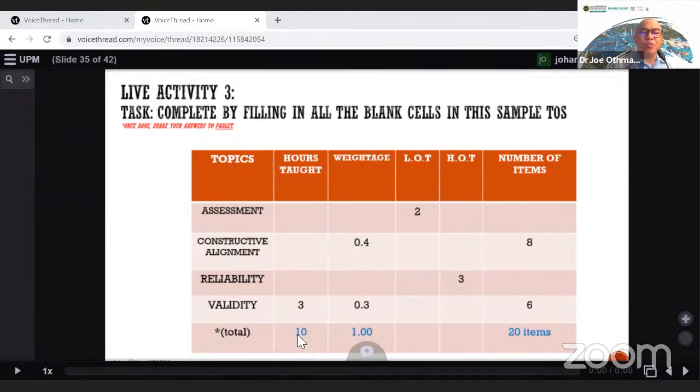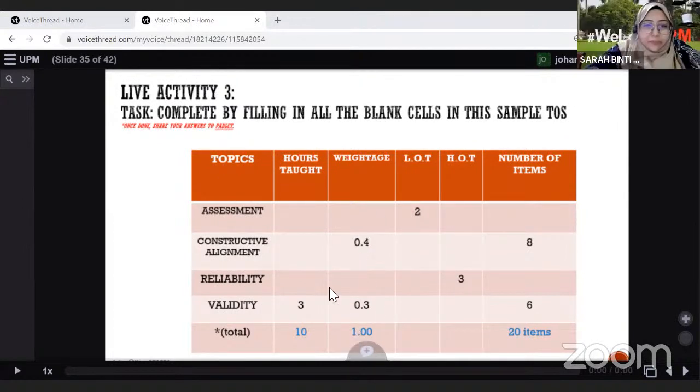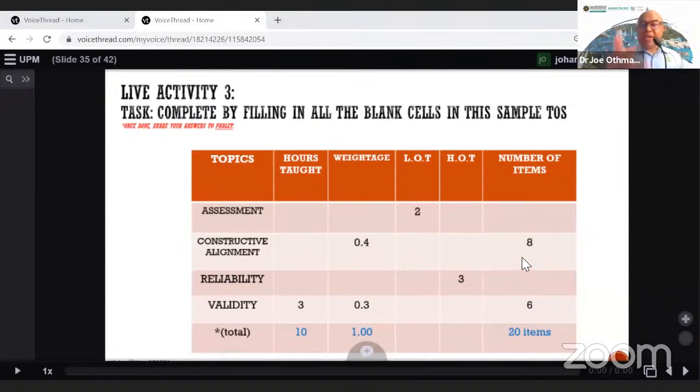For sure, if this is 10, this is 3, you have to split 7 here. The 7 hours could be 2, 3 like that. And then from there you play with the mathematics so that you get it. So eventually you will get the total here. It's okay, this one I just show.